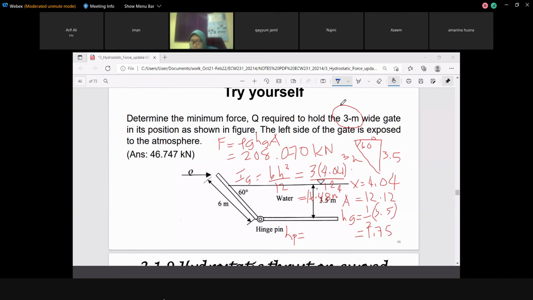Ada jawapan lain tak? 16.48 darab sin 60 square bagi 1.75 darab 12.12 baru tambah dengan 1.75.